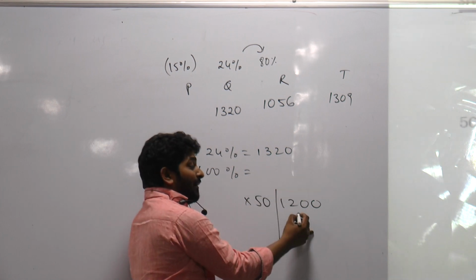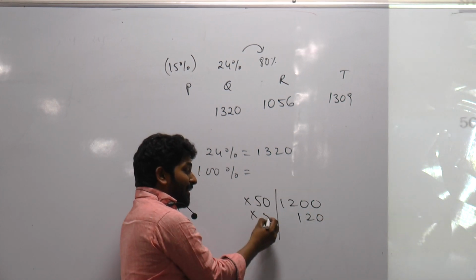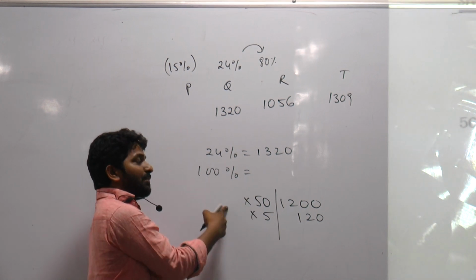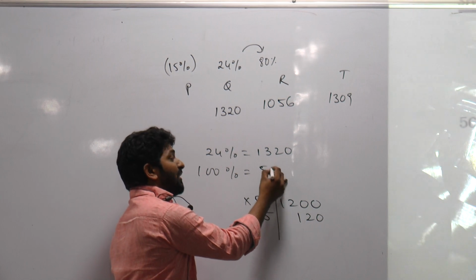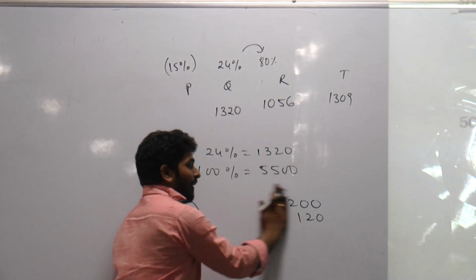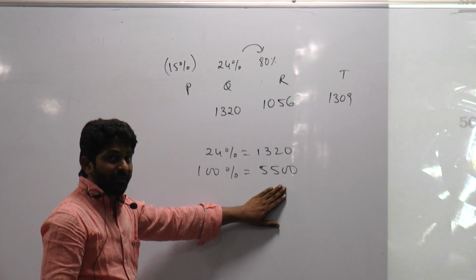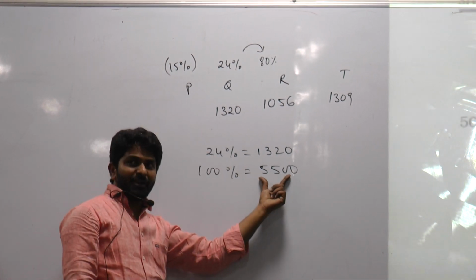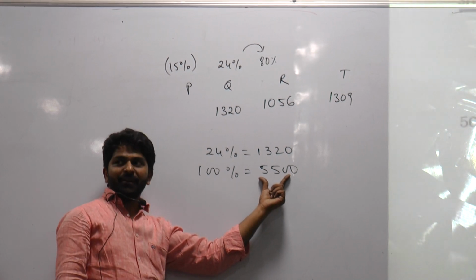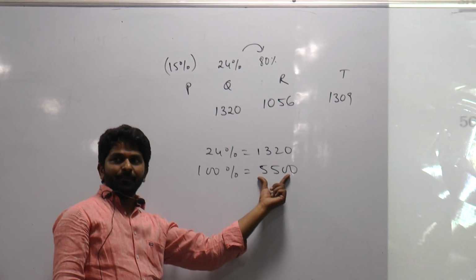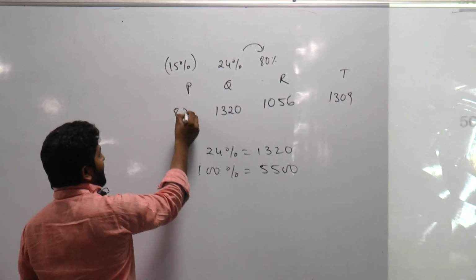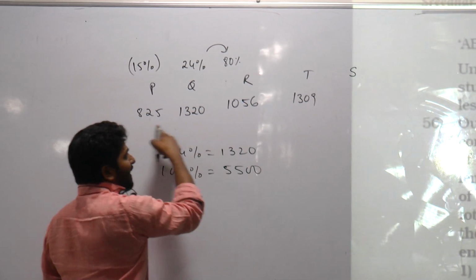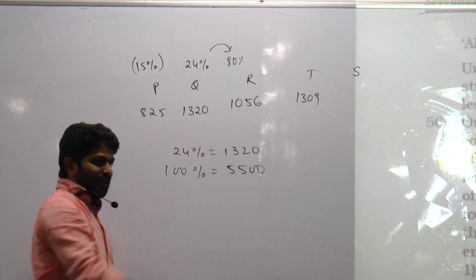Still you need to add 120. That will be 5 times. In the sense 55 times. 55 times of this number is 5500. And now out of 5500, 15% are from P. 10% is 550. Half 275. 550 plus 275, 825.